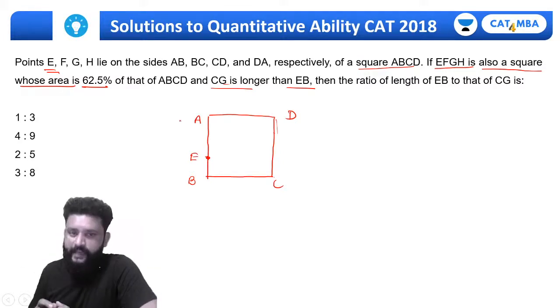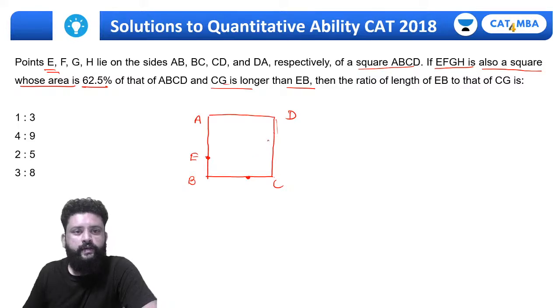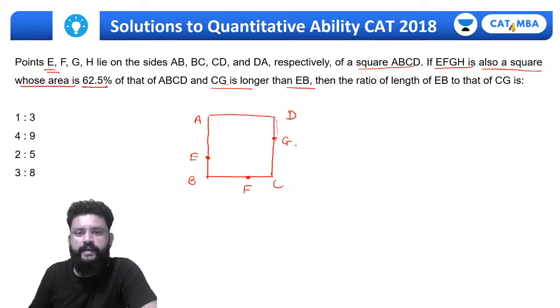E lies on AB, then F lies on BC, then G lies on CD, such that CG is greater than EB. That's why I took it this way, E, F, G and H here.